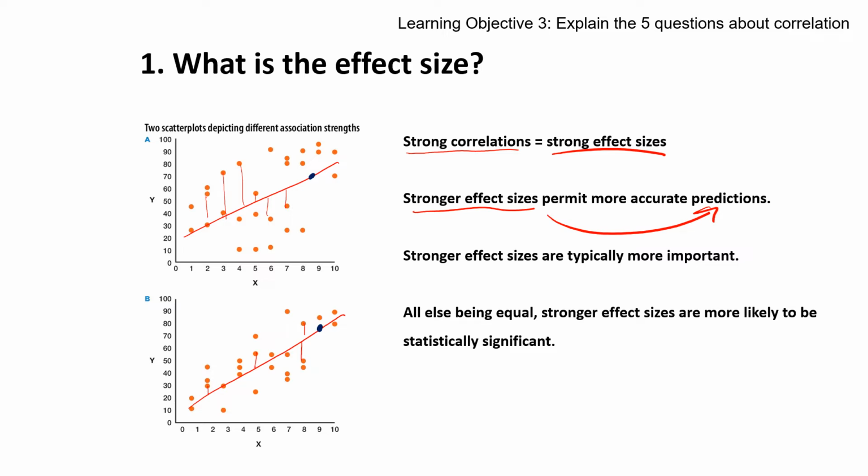But when we look at the amount of variability that it could have, this one's going to have about this much variability. This one's going to have more. So the bottom one is more accurate. So stronger effect sizes are more important, typically. Again, depends on your field. So all else being equal, a stronger effect size is more likely to be statistically significant if you're testing significance with whatever stats you're doing.